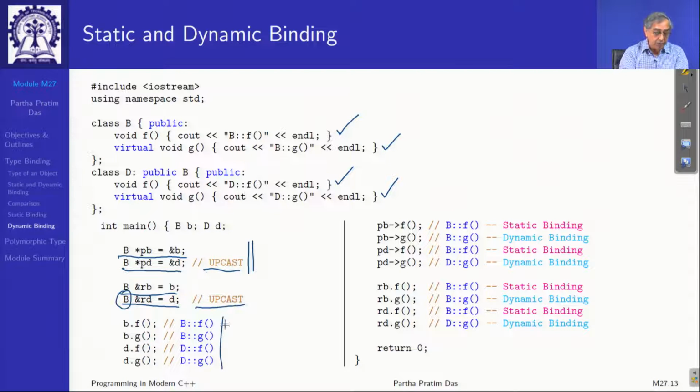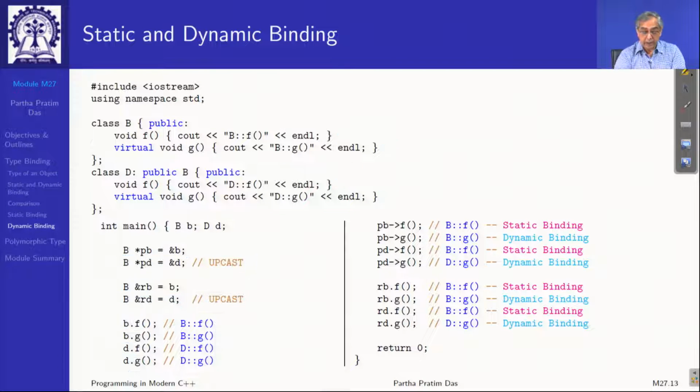Now, if I call the functions with the object directly, then they get called according to their type. So, calls from B go to B class function, calls from D go to D class function, there is no surprise in that.